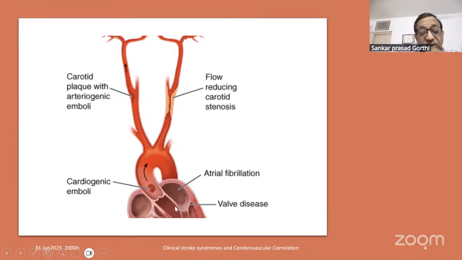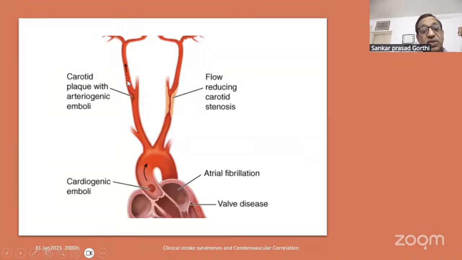Because of this fast atrial fibrillation, there are blood clots here and they can embolize to the arteries going into the cerebrum. That is called cardiogenic emboli, which can reach anywhere, either the brain or the limbs. Apart from that, if there is derangement of lipids in the body, they can accumulate in the blood vessels, causing atherosclerotic plaques.